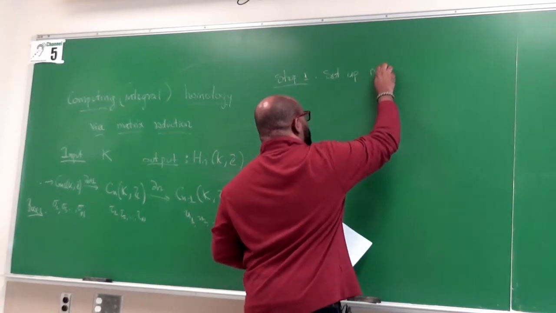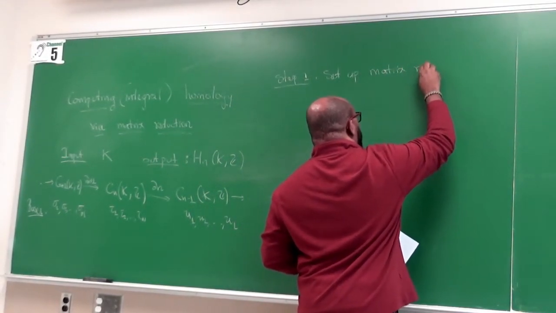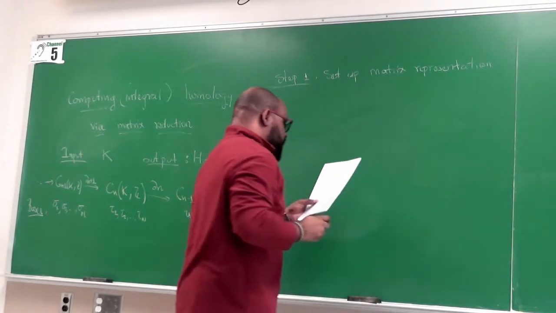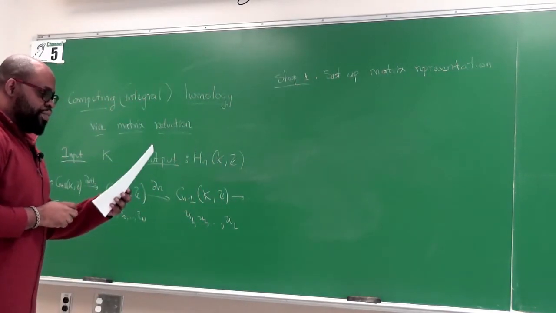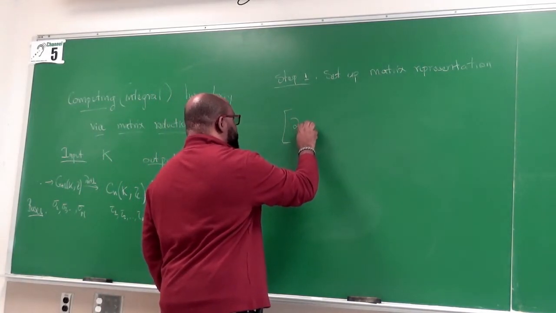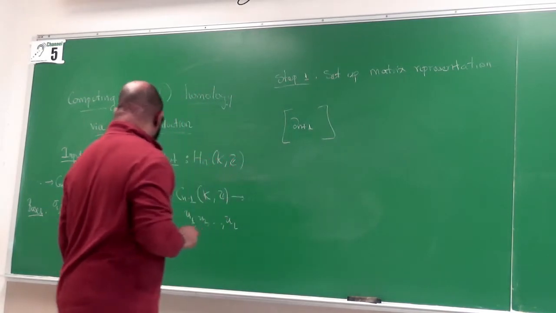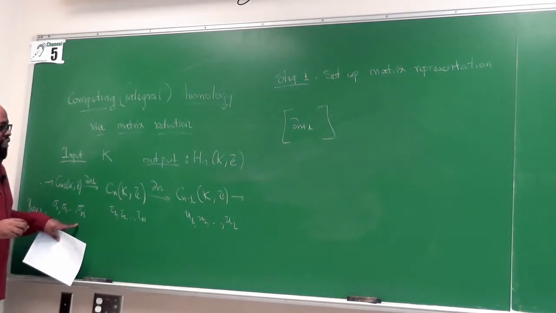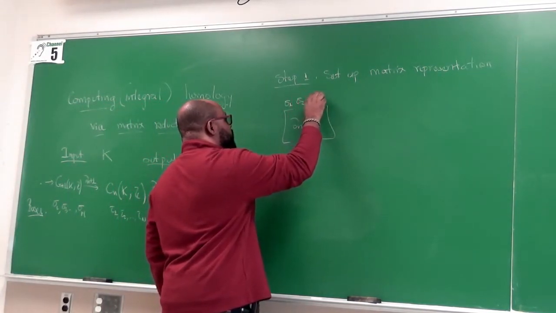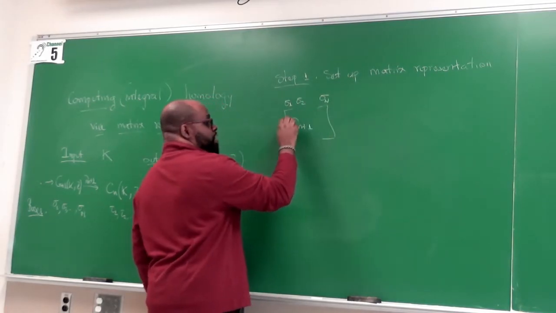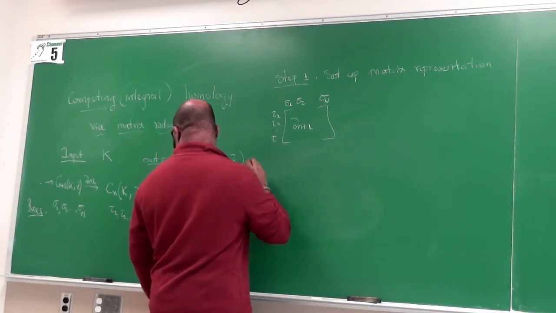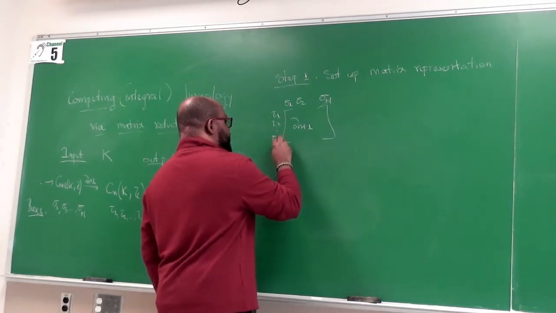The first step is to set up the matrix representation. Throughout the computation, we maintain two matrices. We maintain the matrix for delta n+1, which is given in basis elements in terms of sigmas and taus. So I have sigma 1, sigma 2, all the way up to sigma m, and here I have tau 1, tau 2, all the way up to tau n.